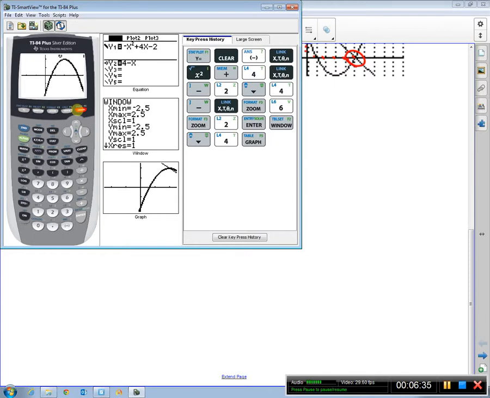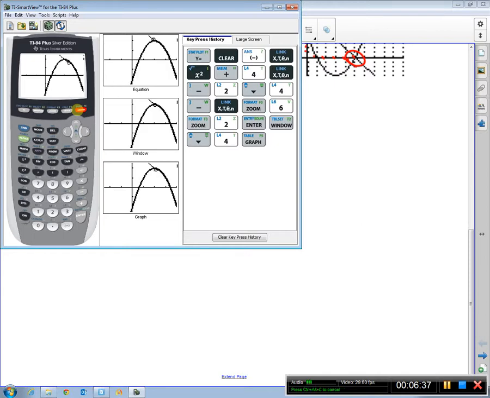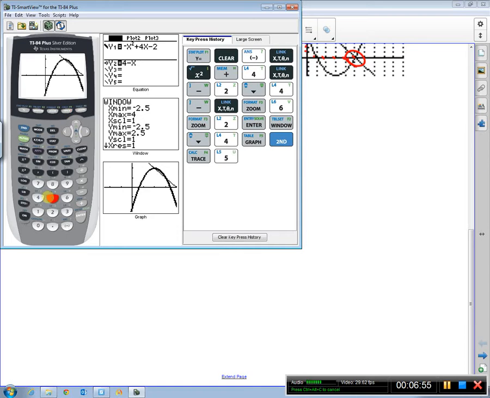I just want to try and see both intersections if there are 2. And I want to see a full parabola as well. This looks pretty good. So to find intersections, remember our steps are second, trace, intersect, and find the flasher. That's our first curve. Hit enter.